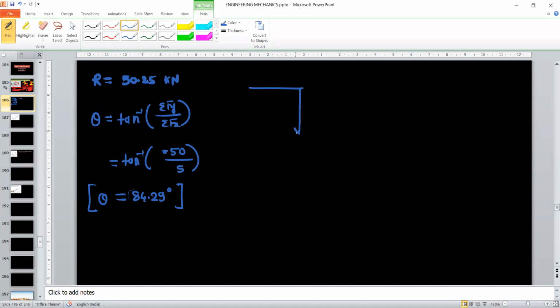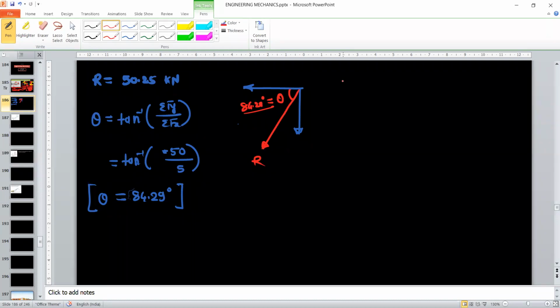So in the rectangular coordinate system, this is the resultant. This angle theta is equal to 84.29 degree.